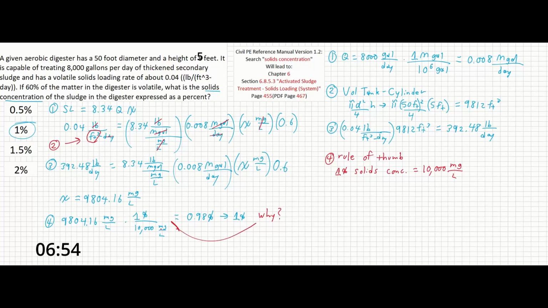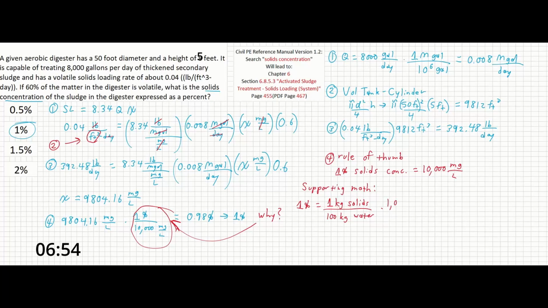So I'm sure you are wondering, why? Where does this come from? So what's the supporting math behind this rule of thumb? Let's go through it. So we can start by saying 1% solids concentration is the equivalent of 1 kilogram of solids per every 100 kilograms of water.